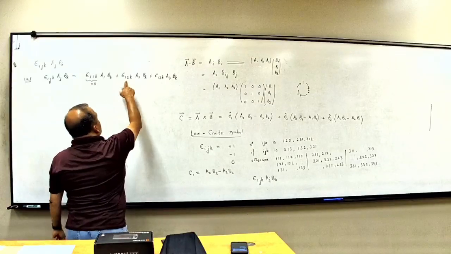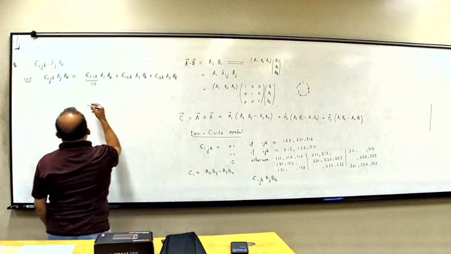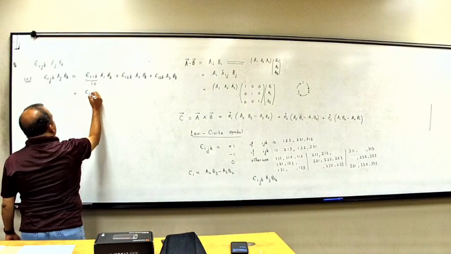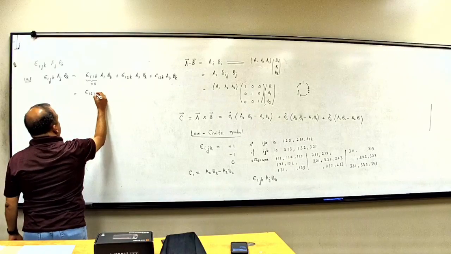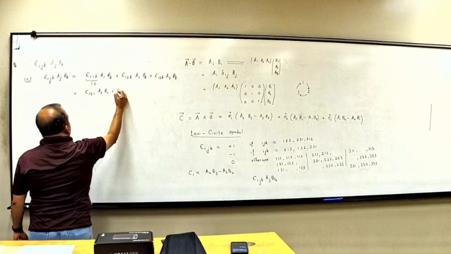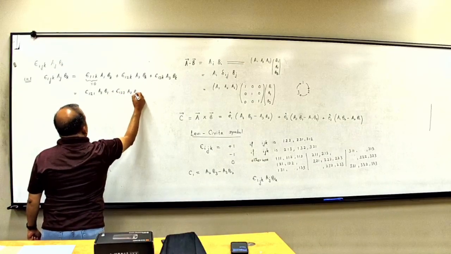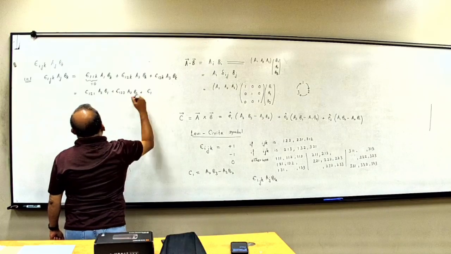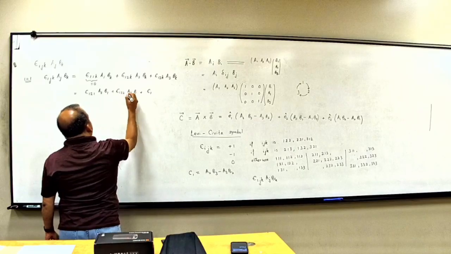Here it is 1, 2, so k can be different, and it is 1, 3, it can be different. So I start from here now and say it is 1, 2, sum over this. So this is epsilon 1 2 1 a2 b1 plus epsilon 1 2 3 a2 b3.